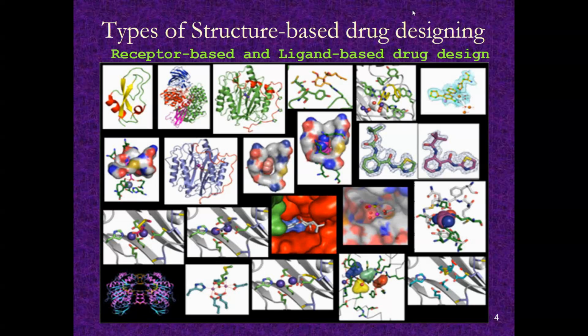In the first step, basically we need a three-dimensional structure of a protein initially for structure-based or receptor-based drug design. And this three-dimensional structure is basically obtained by NMR spectroscopy, X-ray crystallography, or cryo-electron microscopy.